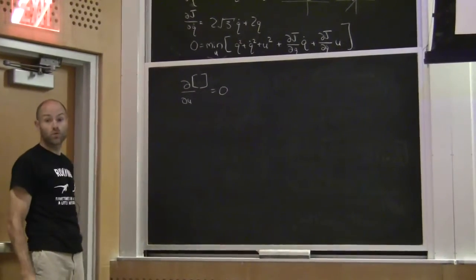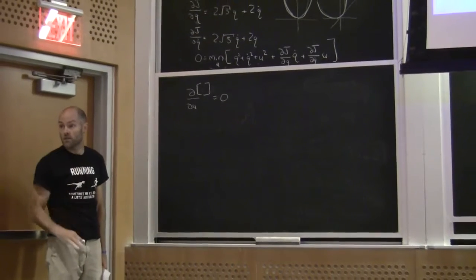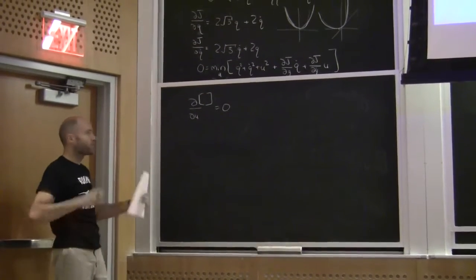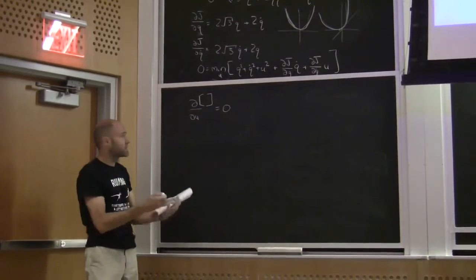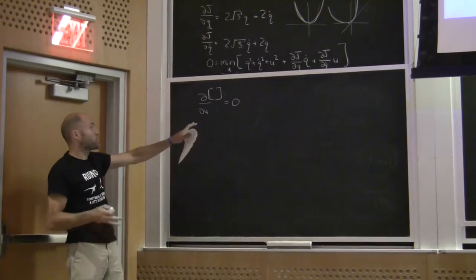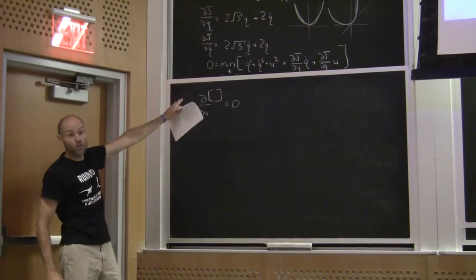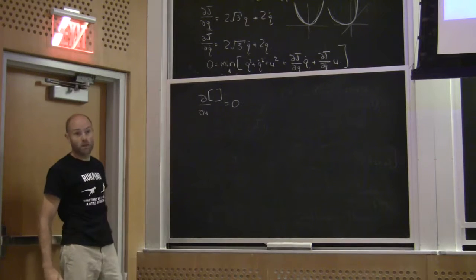The u which makes that true is going to be the minimum of that function. Yeah? And every q and q dot I put in is going to have a different minimum, but I can solve for the optimizing u, the best u, by looking for the minimum of that function.